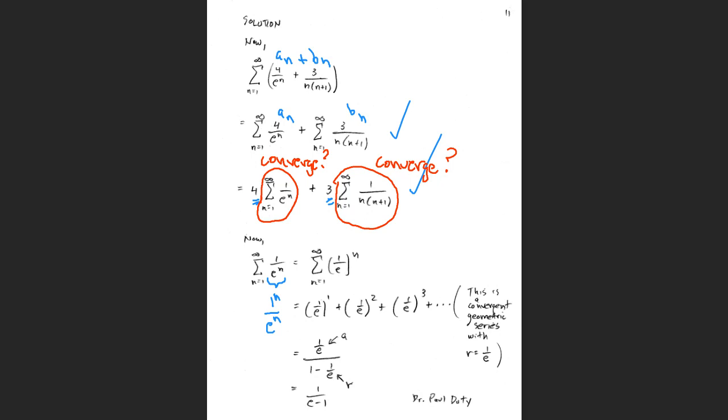So that gets me to this series, where n goes from 1 to infinity of 1 divided by e to the nth power. I write out some terms of the series, and this is just a convergent geometric series with a common ratio of 1 over e.